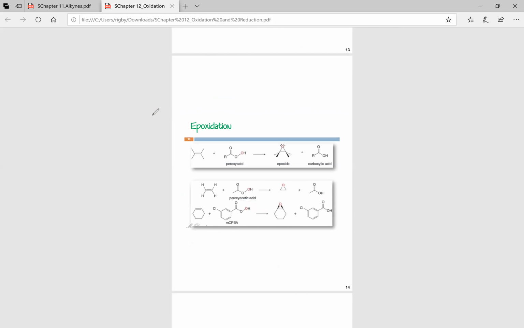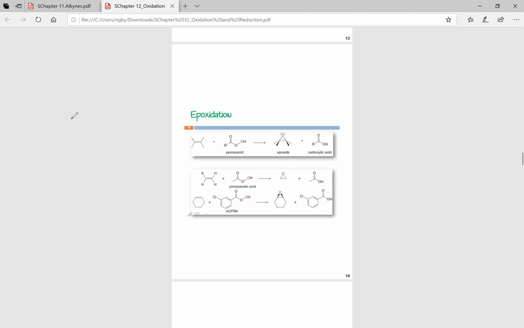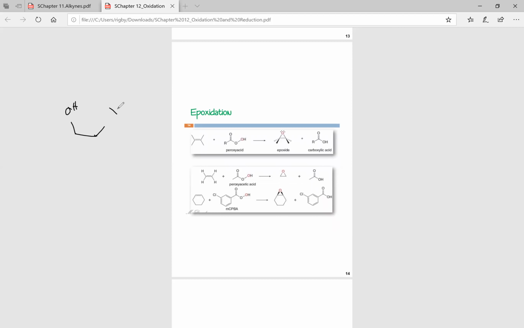So epoxidation. Before, when we talked about making epoxide, back in the alcohols, ethers, epoxides chapter, it said that we needed a halohydrin, which if you don't remember, means we need an OH next to an X, or a halogen.